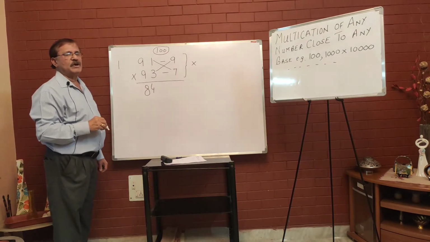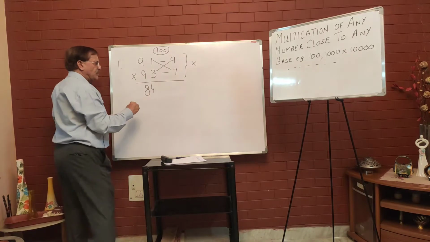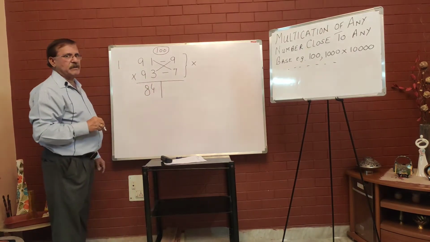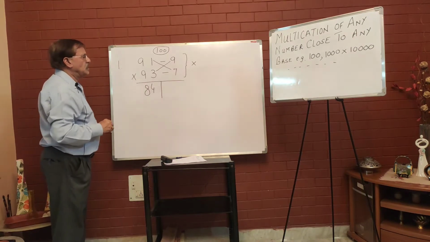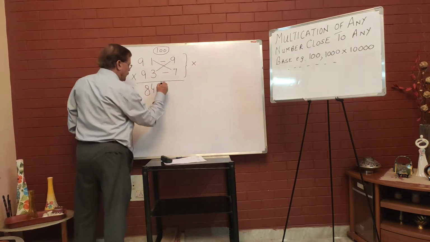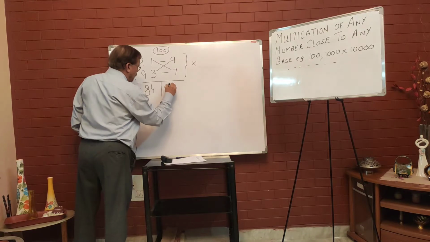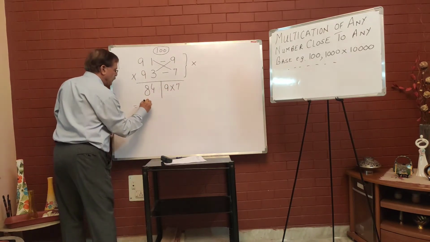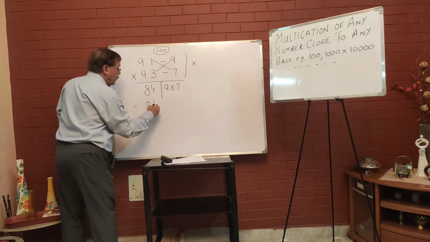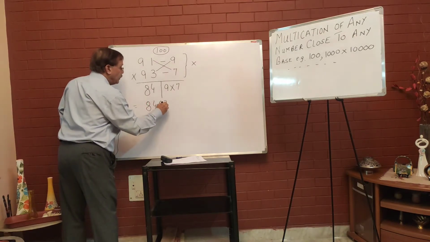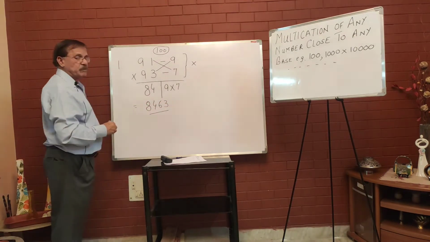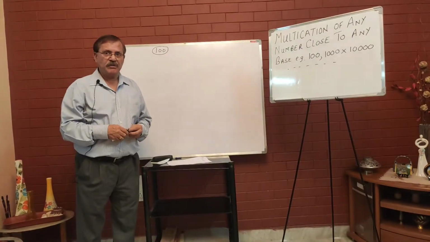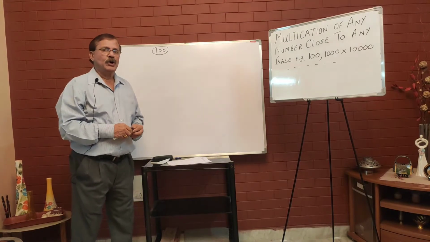Either way you will get 84. This is the LHS and the first part of the answer. And as I told you, the RHS will be 9 multiplied by 7, and finally we get the answer 8463 will be your final answer.